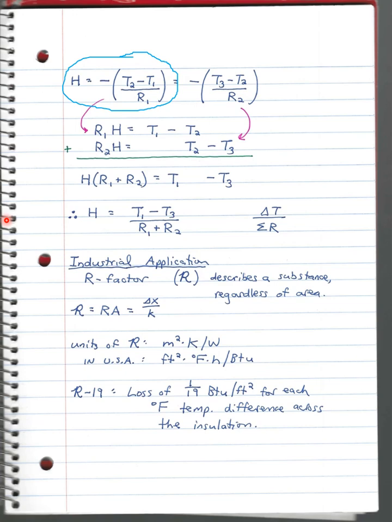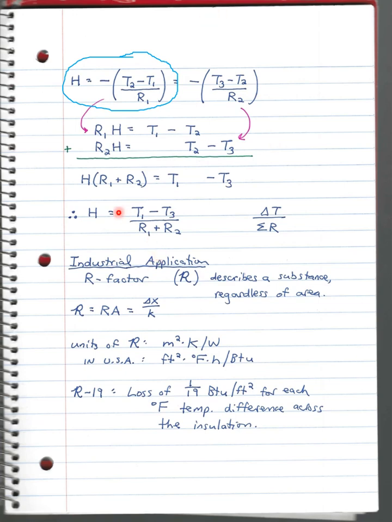Multiply both sides by R1, and we get R1 times H equals T1 minus T2. The second bit, when we relate H to this part right here, we get a similar equation, R2 times H equals T2 minus T3. Notice I've set them up in such a way that I can do addition of those two equations.